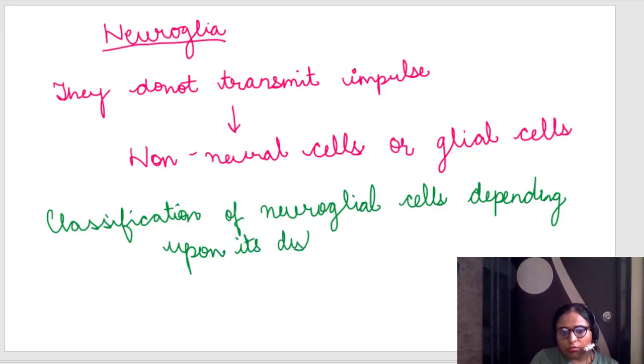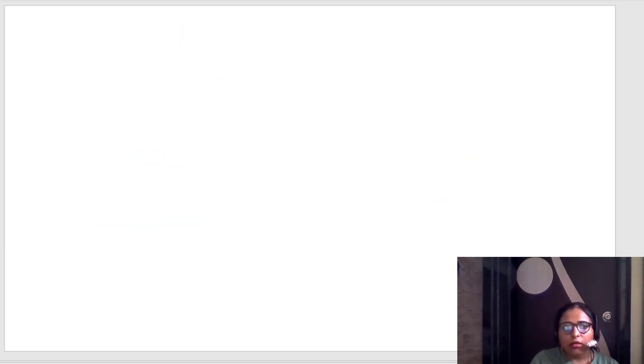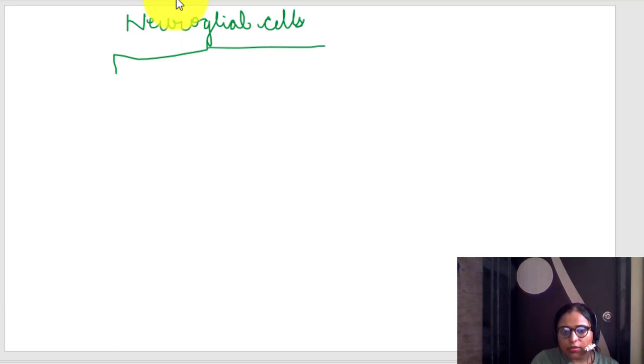So if we classify the neuroglial cells according to the distribution, means wherever they are present, how would we classify?